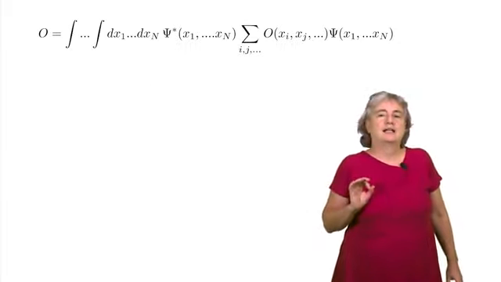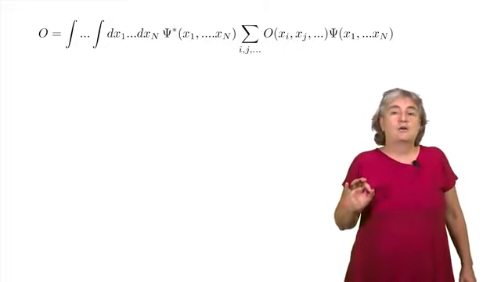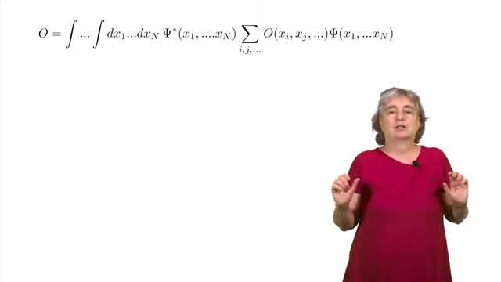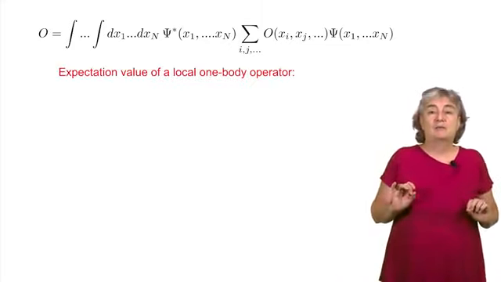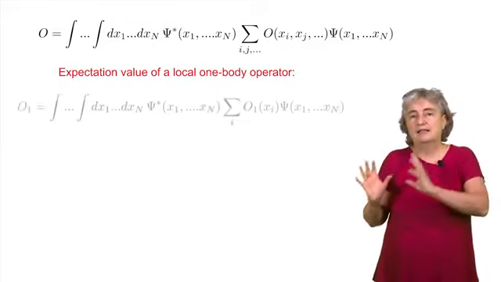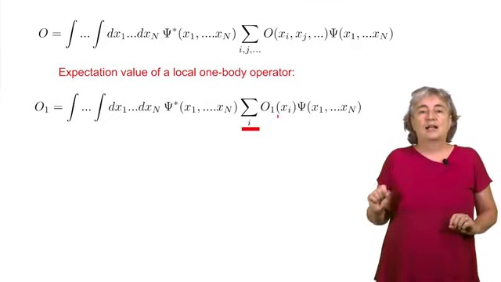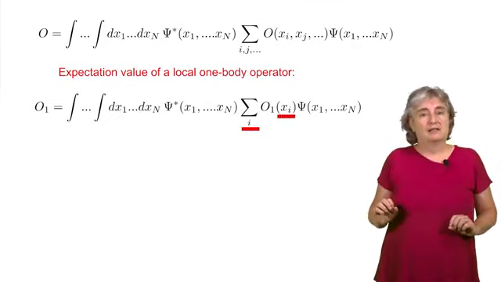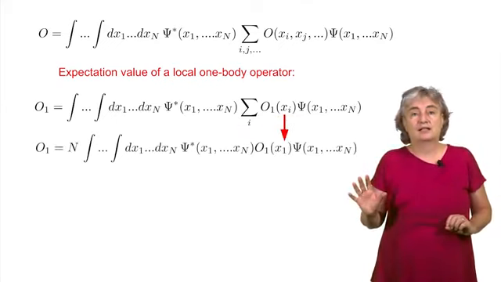Let us look again at an expectation value, which is an integral over the many-body wave function. If our observable is described by a local one-body operator, then this expression simplifies. Since all electrons are equivalent, we can integrate over just one coordinate.